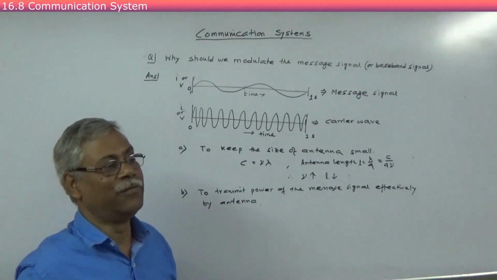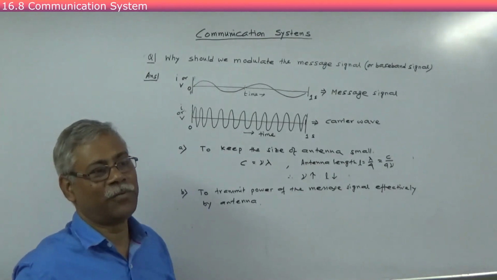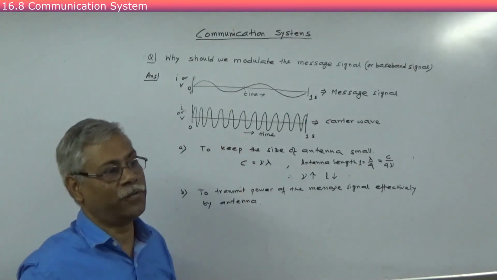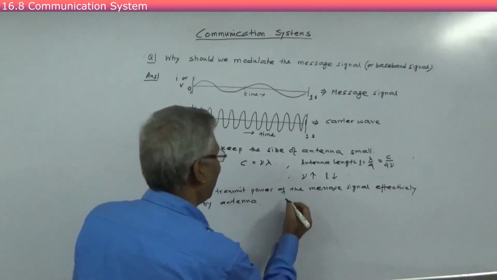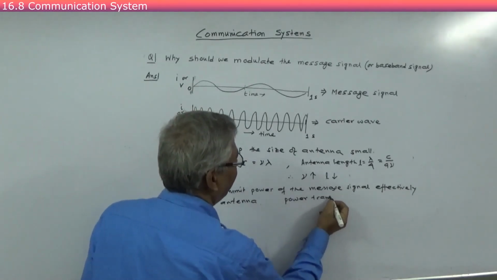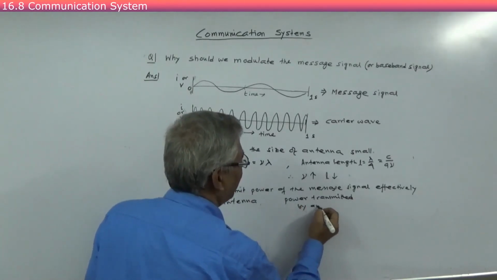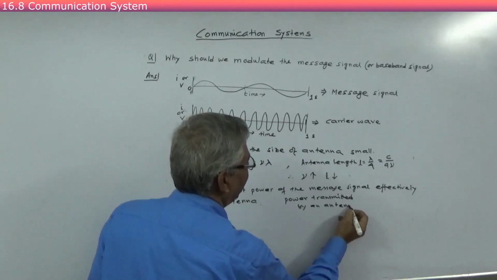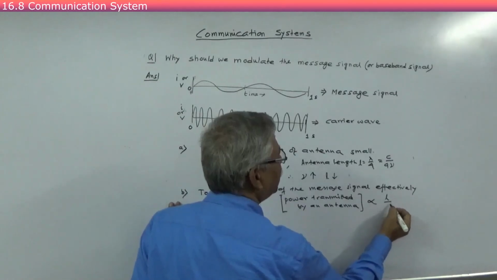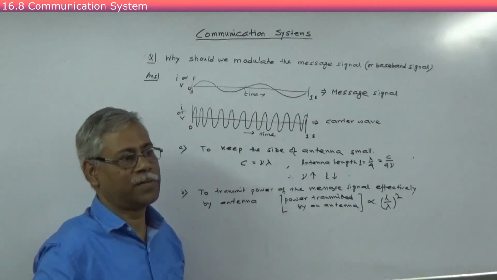Signal weak, to avoid that situation, we should use carrier wave. Okay, because power, I have already stated, power transmitted by an antenna is directly proportional to L by lambda whole square.